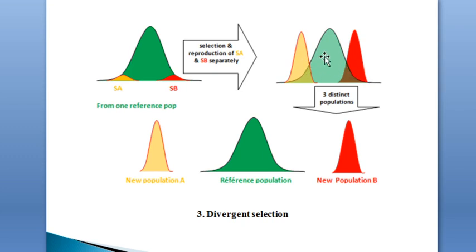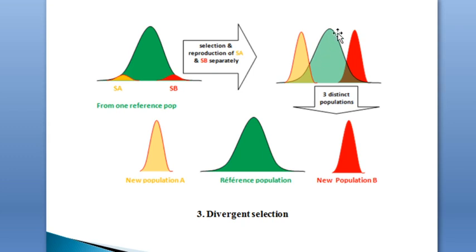For example, if we start from a chicken population, we have layer lines and we have broiler lines. Divergent selection is used when both characters are negatively correlated. For example, you will never see the best of the broilers being the best layer ever possible. It is impossible because both characters are negatively correlated.